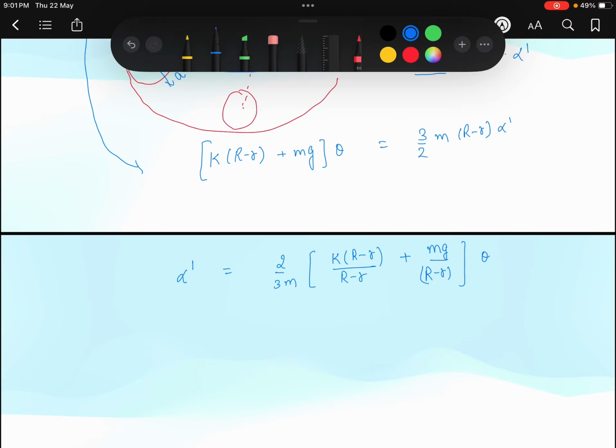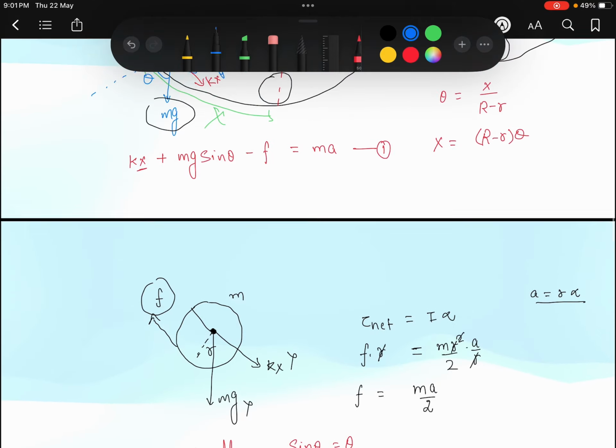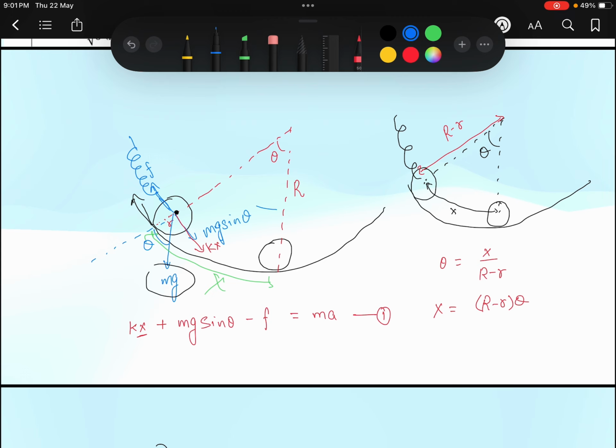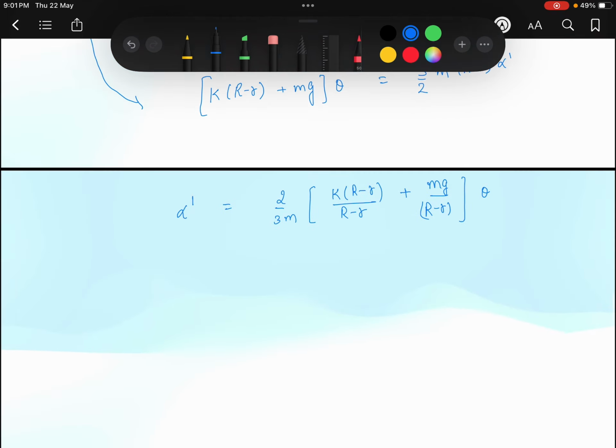Okay, since we can see here we have given the displacement in this direction, and the torque acting on this body is in the opposite direction, so we can add a negative sign here, that this angular acceleration is in opposite direction to the displacement.